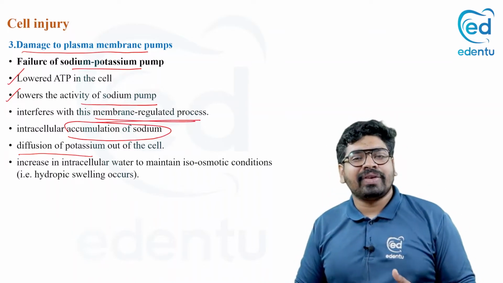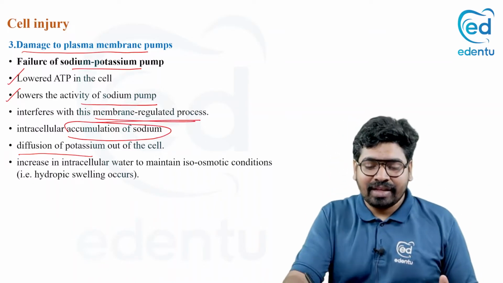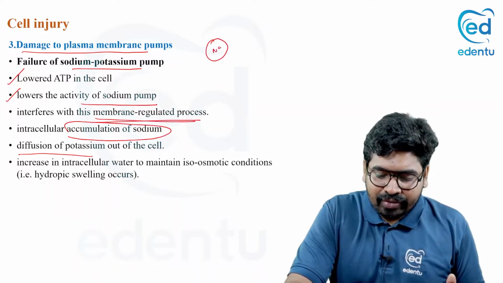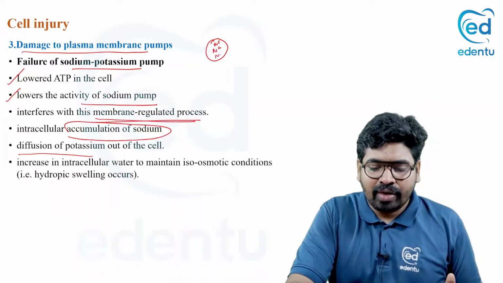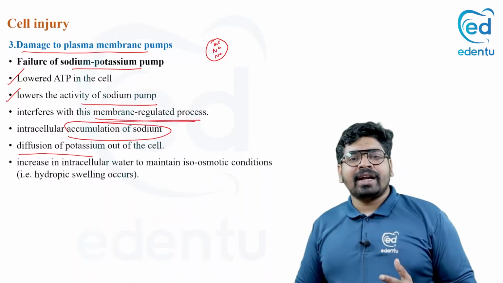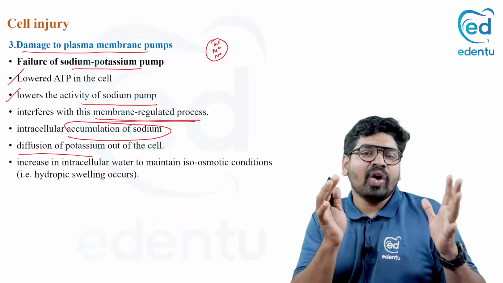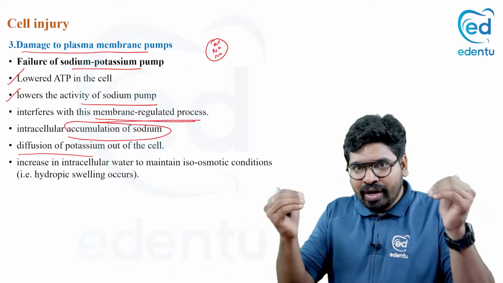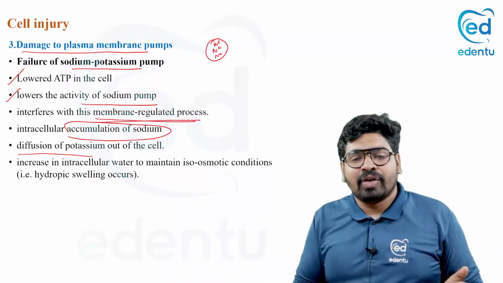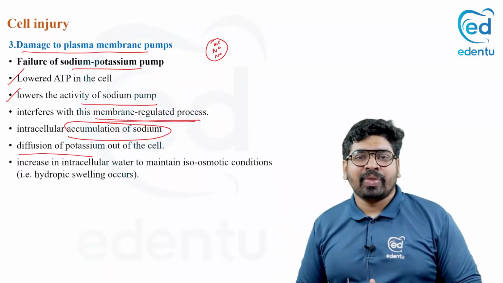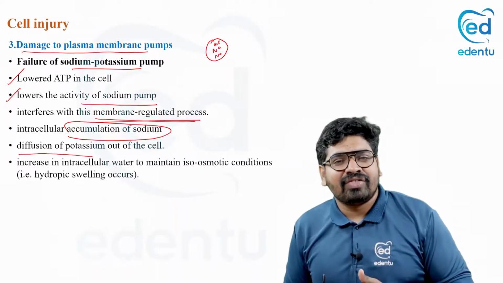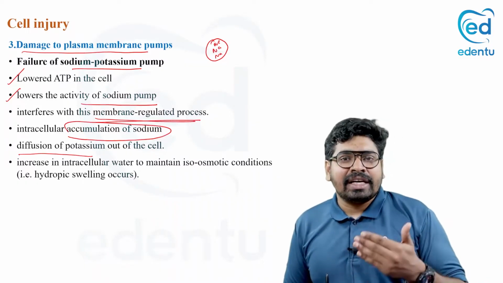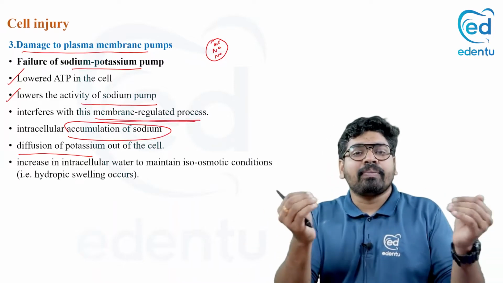Now, what happens when there is more sodium inside the cell? Imagine that you have a higher salt concentration in an area. What happens? The fluid will come into that area because of osmotic pressure. In your first year physiology classes, you may have studied this.